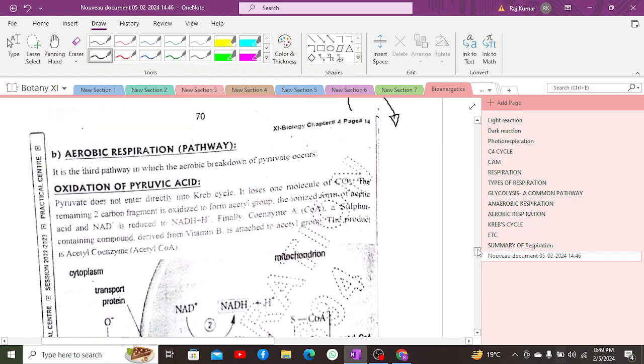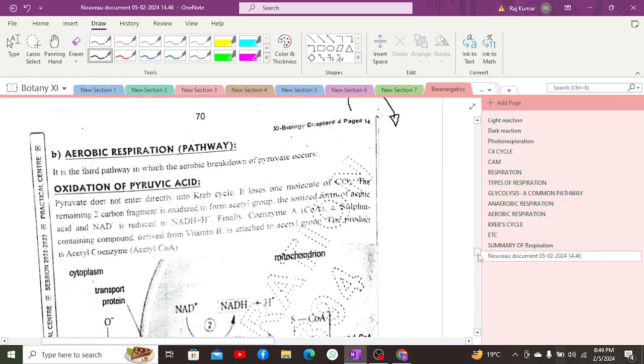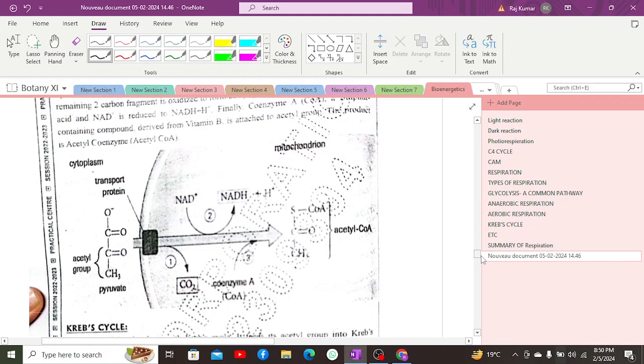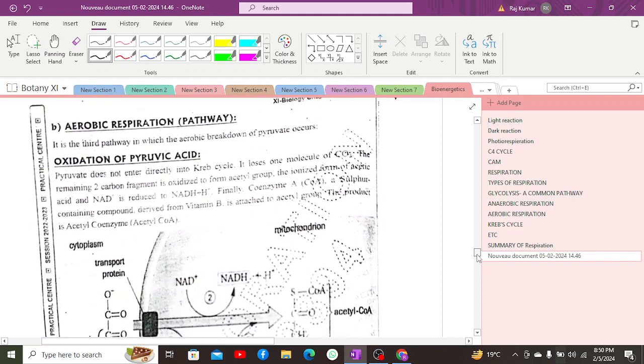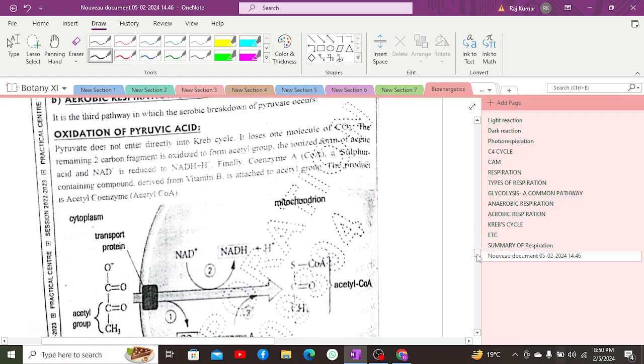And when it has entered inside, it is converted into acetyl CoA by the process of oxidative decarboxylation, such that first and foremost decarboxylation will occur using the enzyme pyruvate decarboxylase, a multi-enzyme complex, which will cause the formation of acetaldehyde plus carbon dioxide.